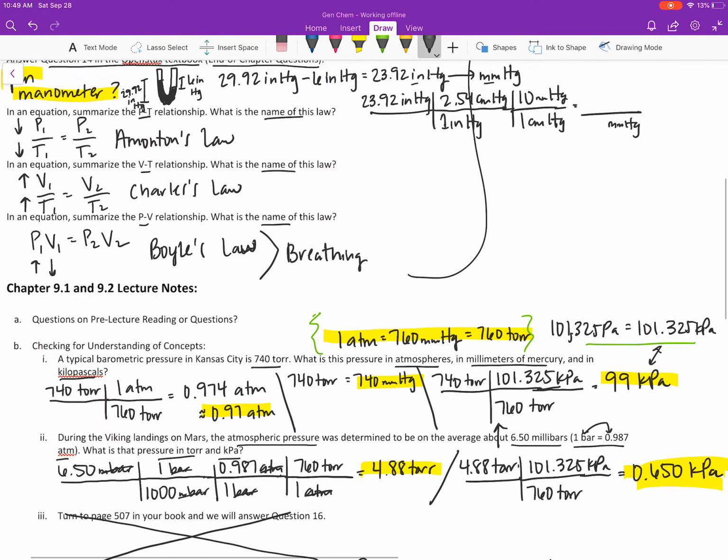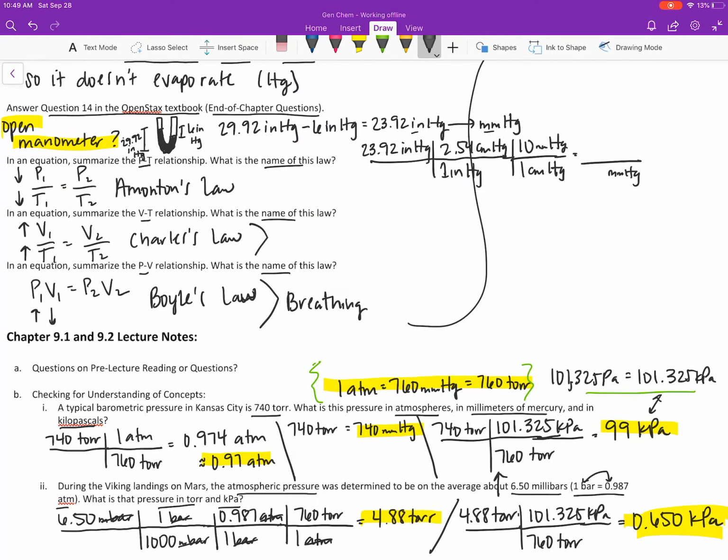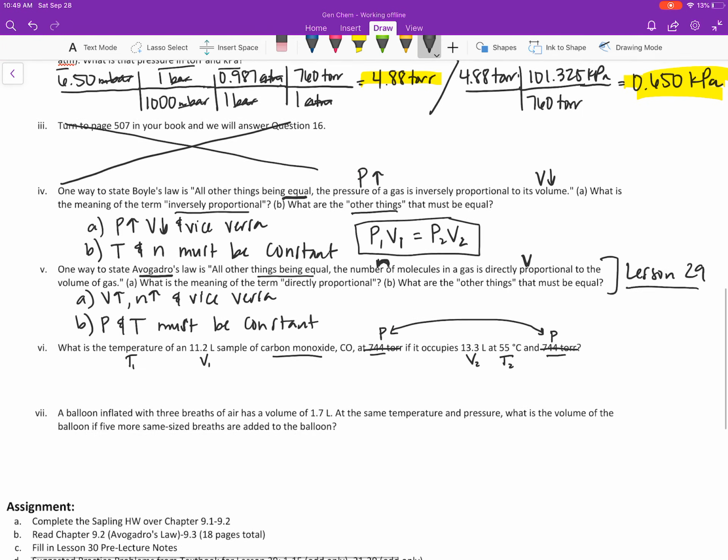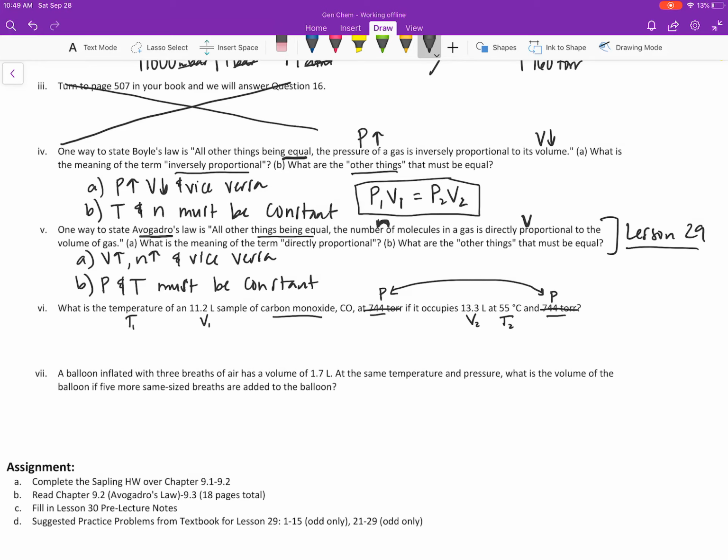Okay, if you're not sure, let's scroll back up. This is Charles's law. It's the only one that has volume and temperature, where pressure and number of moles are held constant. So in this case, let's write the formula out again just to make sure we don't make a mistake.